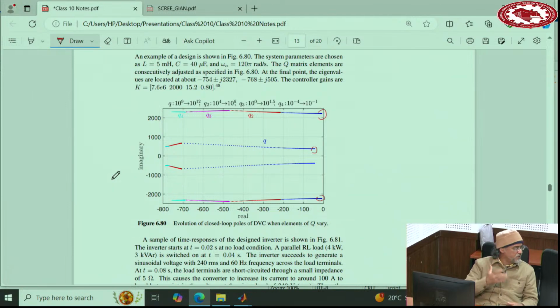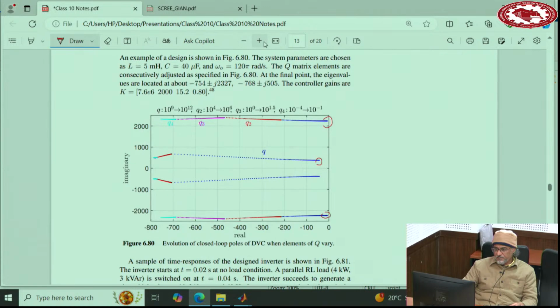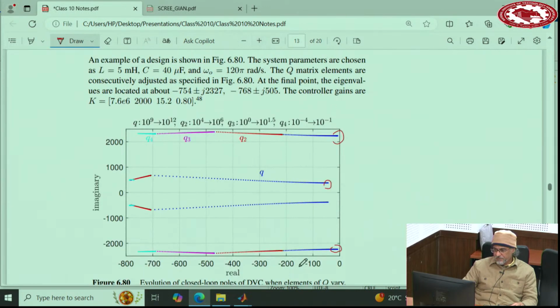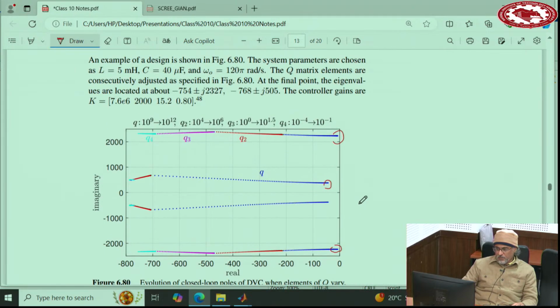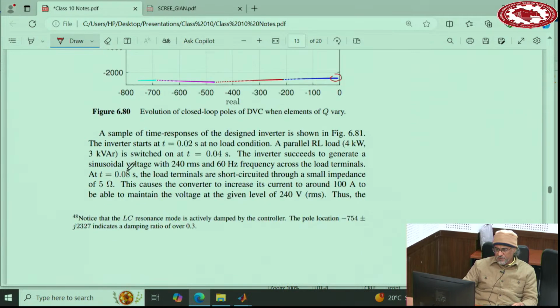Switching frequency is only 4 kilohertz, so we cannot go too much. So eventually we have these 4 poles by increasing Q.